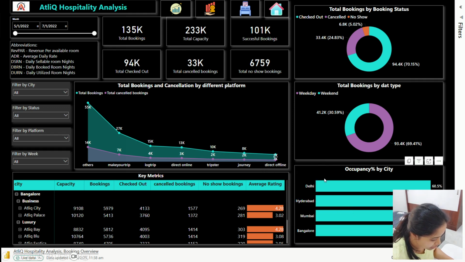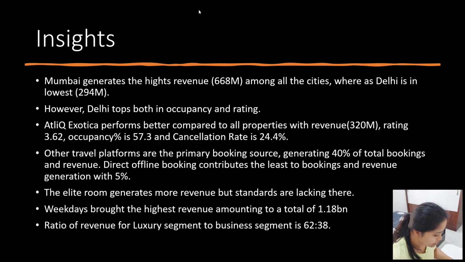Let's get into the insights and recommendations that I have drawn. Here we can see the insights based on our Power BI dashboards. Mumbai generates the highest revenue of 668 millions, whereas Delhi is the lowest with 294 millions.